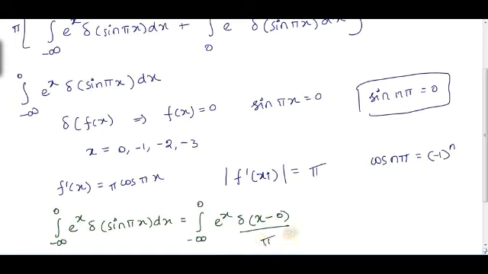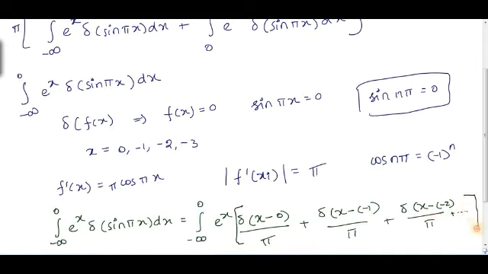Here this is pi. Of course I can write a few more steps: del of x minus of minus 1 divided by pi, plus del of x minus of minus 2 divided by pi. So on it will go.